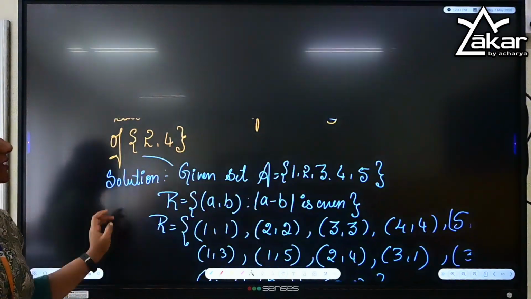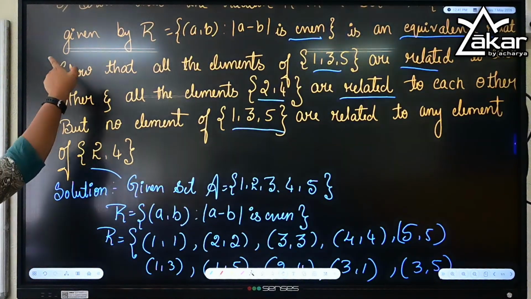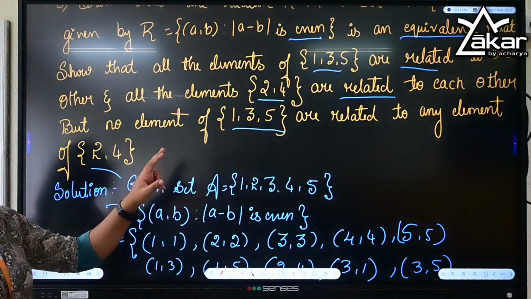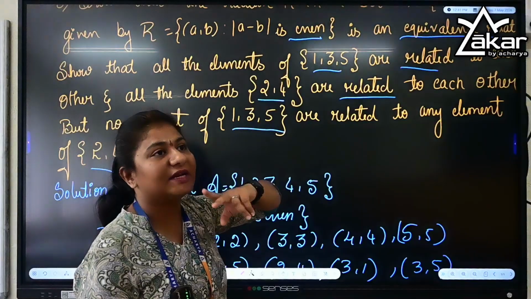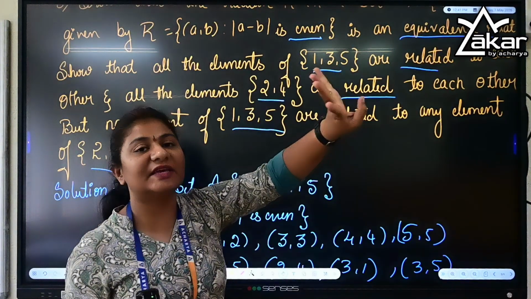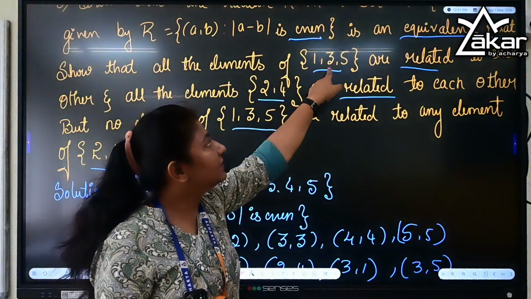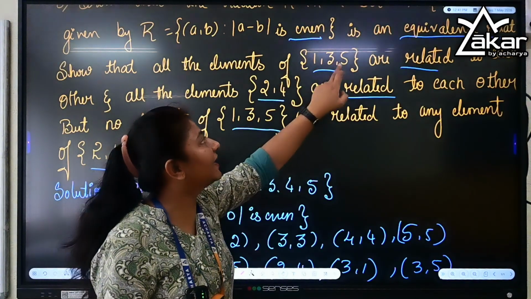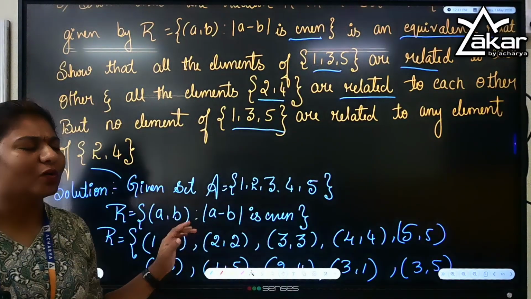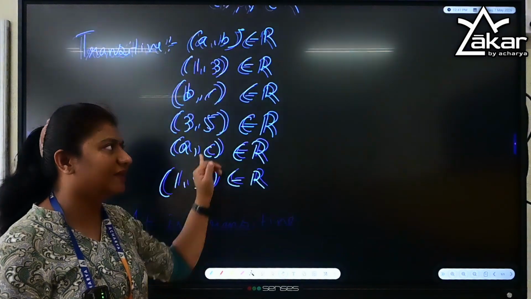So according to the given condition, you need to show that all the elements 1, 3, 5 are related. Yes, obviously when I put 1 minus 3, it is giving the value 2. Again if I put 1 minus 5, it is giving the value 4. Now let us check for 3 minus 1, 2; 3 minus 5 is again 2. Again 5 minus 1 is 4, 5 minus 3 is 2. Obviously each and every element is related to each other.